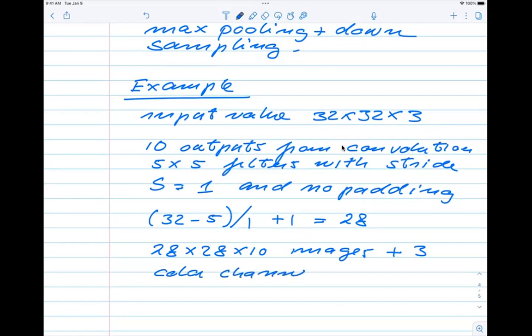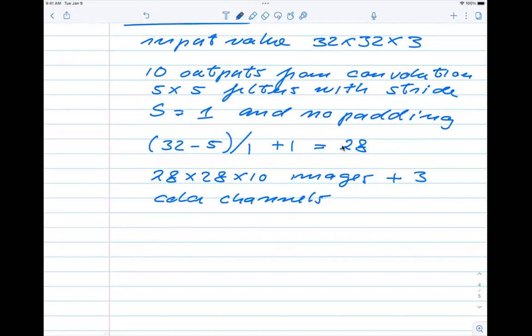If we look at the dimensionality which the filter has, it has 5 times 5, and then we have the 3 color channels plus 1 for the bias of the filter. So this is the number of parameters which the filter has.